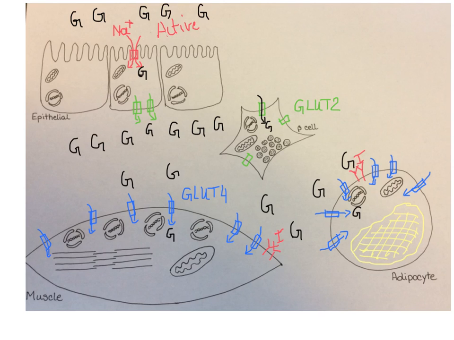If we go back to the big picture here, where we're considering multiple cells, keep in mind that the muscle cells also contain an insulin receptor, also hold GLUT4 transporters in vesicles inside the cell until they receive the signal from insulin.